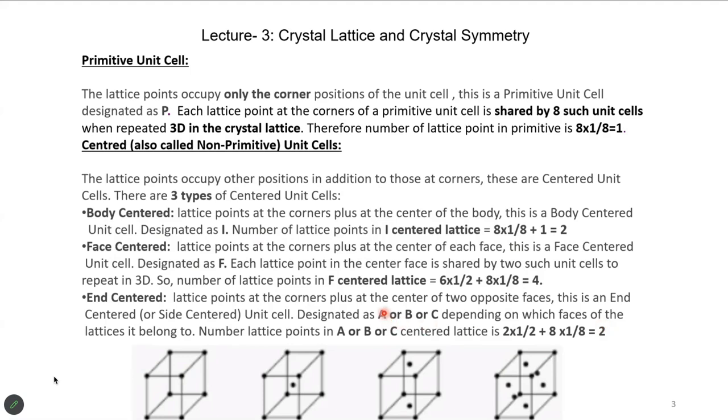So it can be in the A face, B face, or C face. Depending on the face, we will designate it as A-centered, B-centered, or C-centered. So we now know that the 7 crystal systems have primitive lattices as well as centered lattices.